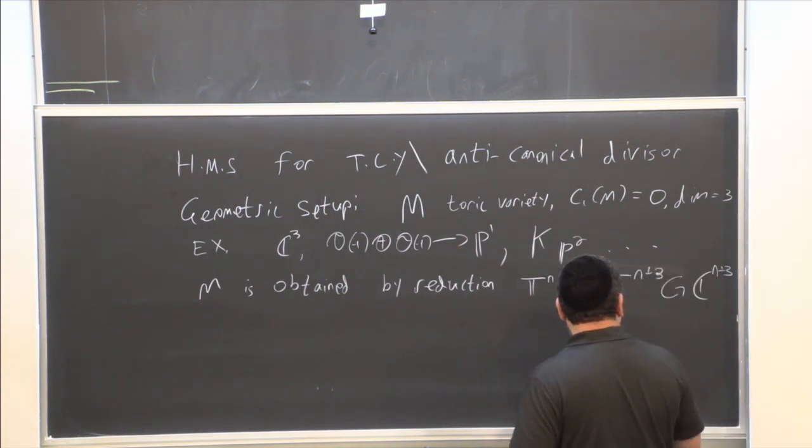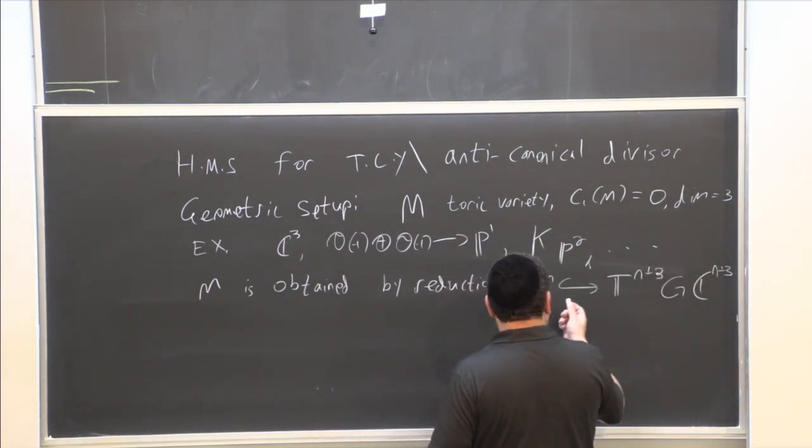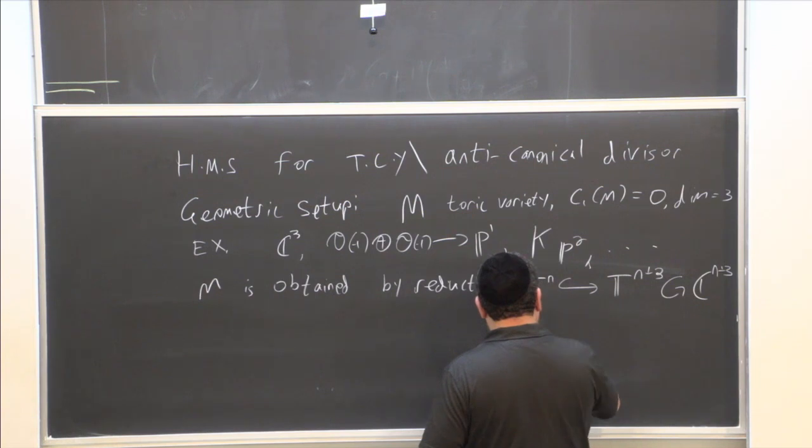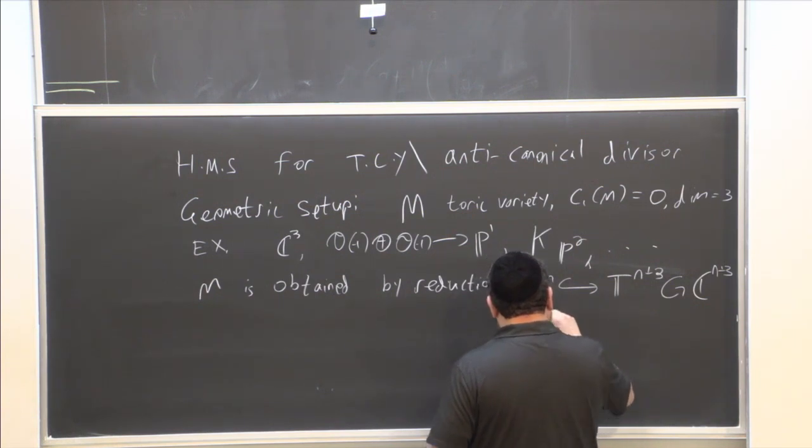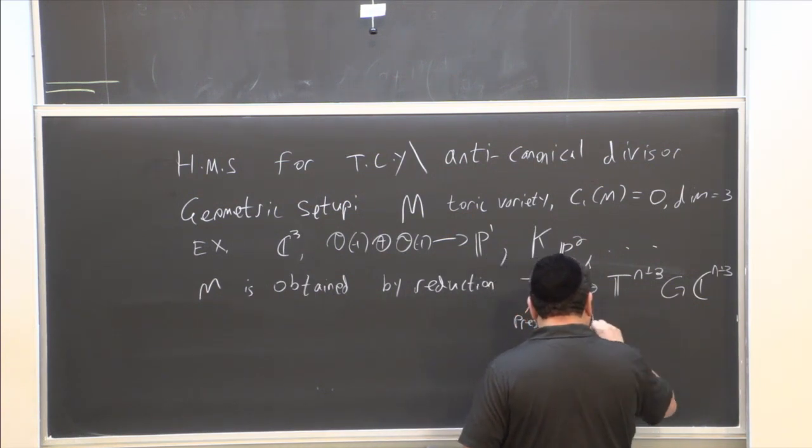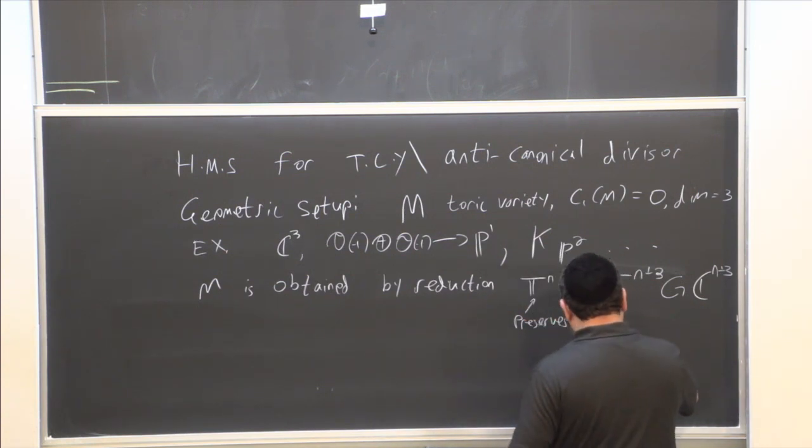This one preserves the holomorphic volume form, or in other words, the product of all the coordinates.